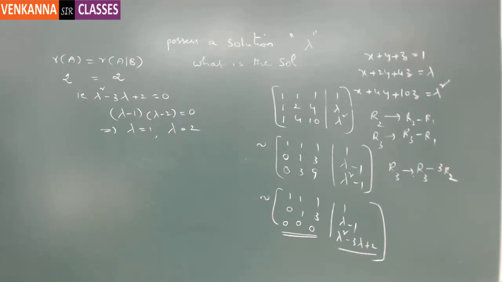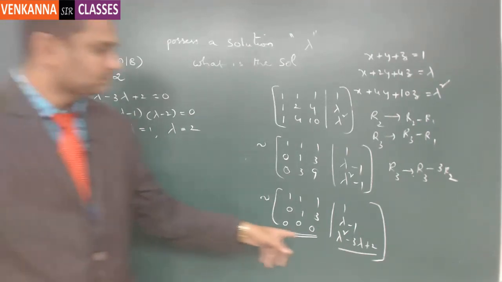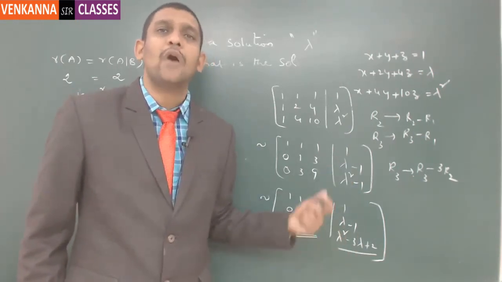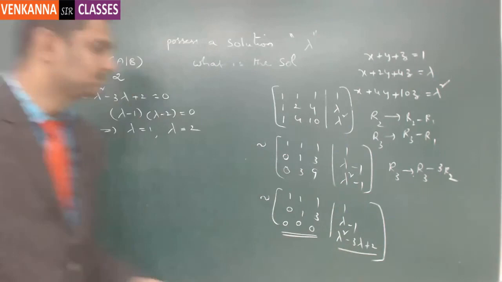So we have completed the first part of the question, the values of lambda for which we will get a solution for the given system. So we have to take either lambda equal to 1 or lambda equal to 2 to have a solution. Now to determine the solution, we need to substitute the respective lambda values and find the corresponding solution.